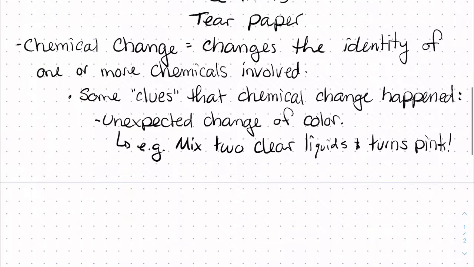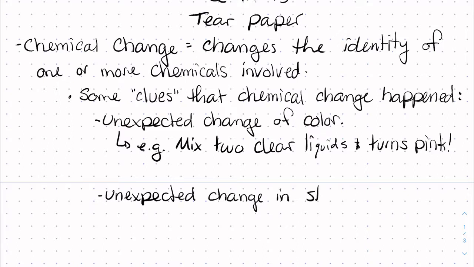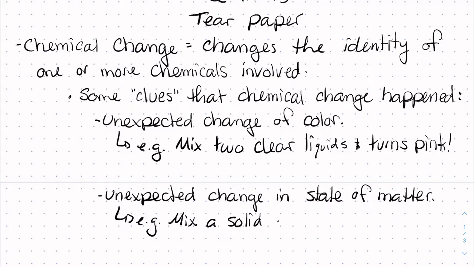Let's see, what else do we have? Unexpected change in state of matter. Let's say if you mix a solid and a liquid, and all of a sudden you start seeing bubbles.